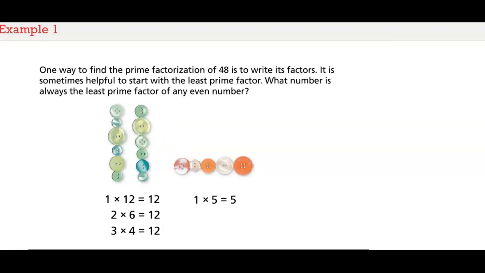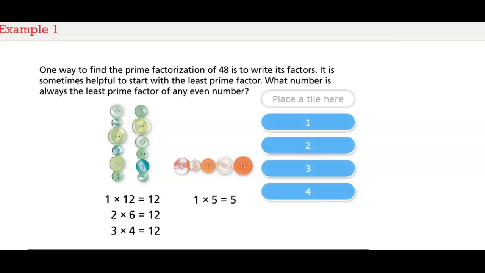One way to find the prime factorization of 48 is to write its factors. It is sometimes helpful to start with the least prime factor. What number is always the least prime factor of any even number?